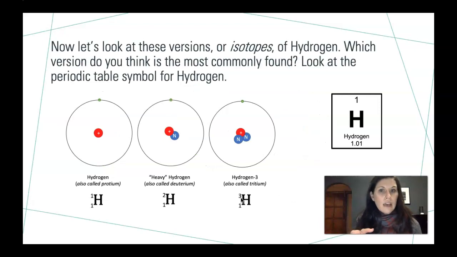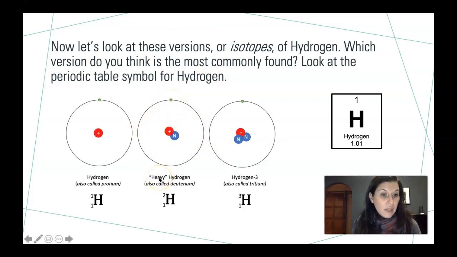So let's look at some different versions, or isotopes, of hydrogen. We have one here. This is what we'll refer to as regular hydrogen. That's also called protium. It has 1 proton and 1 electron. So we have a mass of 1. Now, we can have an isotope of hydrogen that has 1 proton and 1 neutron, and 1 electron.